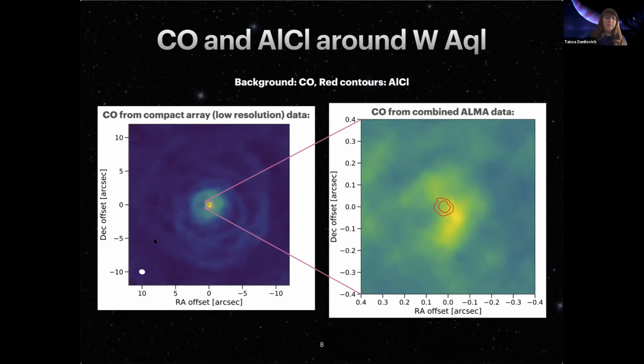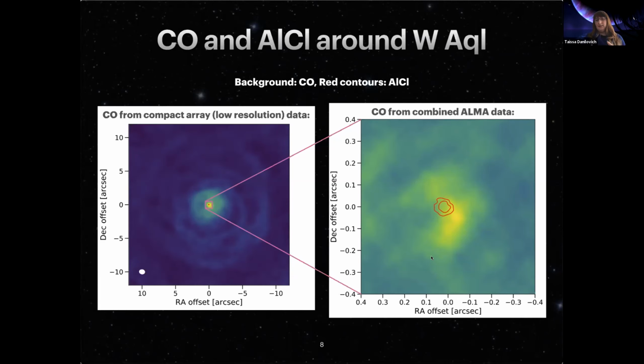There's a little bit of resolved out flux here, but you can see some structure of sort of spiral arms or something like that in the CO. And the AlCl is very much confined to the center and not at all comparable to the extent of the CO. On the right, I've shown a zoom in. The CO there is from combined observations, and you can see while there is a little bit of structure there, it is not very significant, and there are not huge density contrasts that we see.